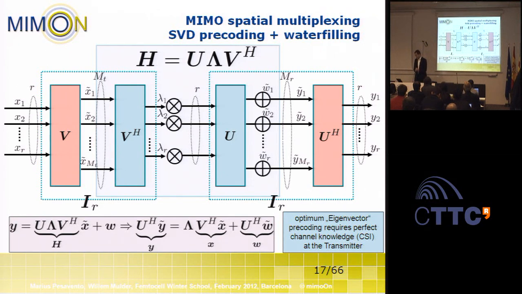This is known from theory, and the question is, how is this implemented in an LTE system? The basic requirement to perform this, of course, is that you should know the channel matrix at the transmitter, because only if you know the exact channel matrix at the transmitter, you can figure out which linear transformation you should use, and also how much power you should allocate to which of the parallel streams.